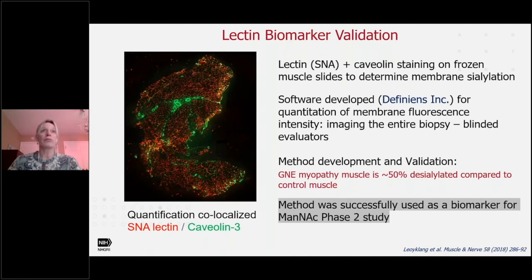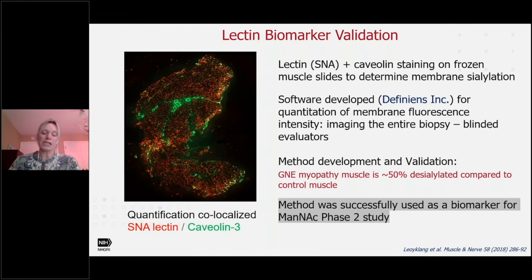So we developed a method to co-stain the lectin SNA with the muscle membrane marker caveolin, labeled one green and one red, and then image the entire muscle biopsy slide in about 100 overlapping little so-called tiles by a microscope that can be done automated.